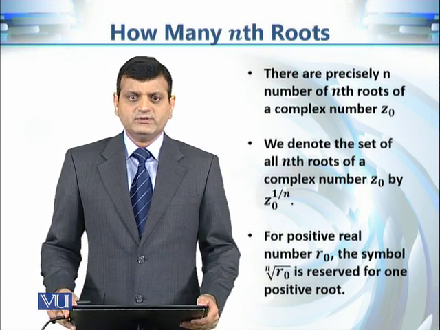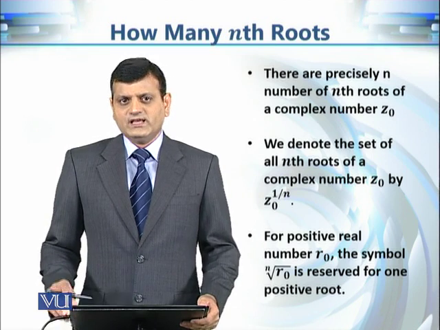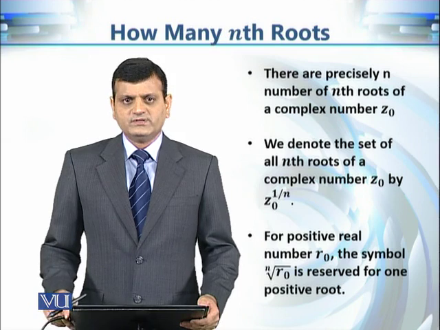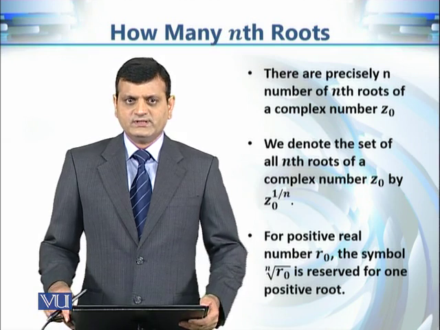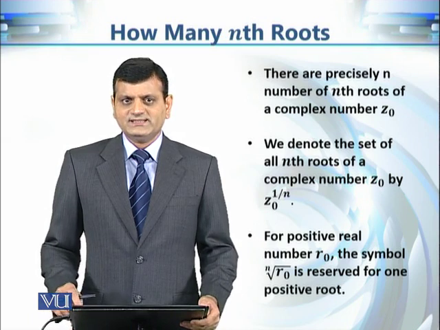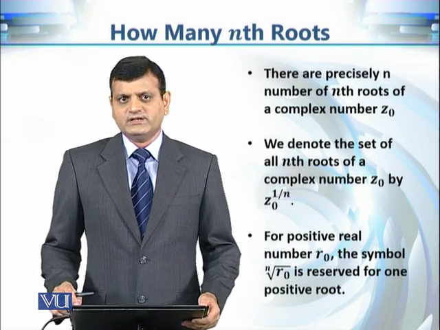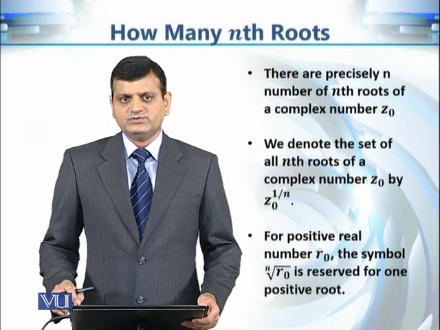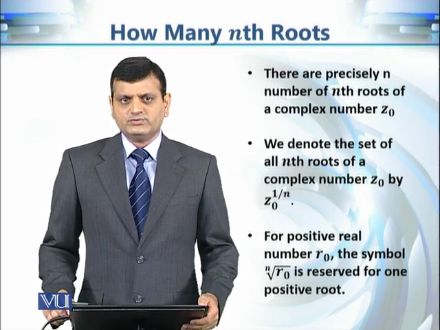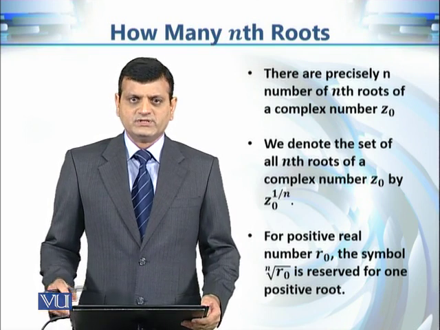If r0 is a positive number, then there's going to be one member of the 10th roots of r0 which is positive, and it's that positive number that we used to consider in school. But the other numbers are going to be complex numbers mostly.